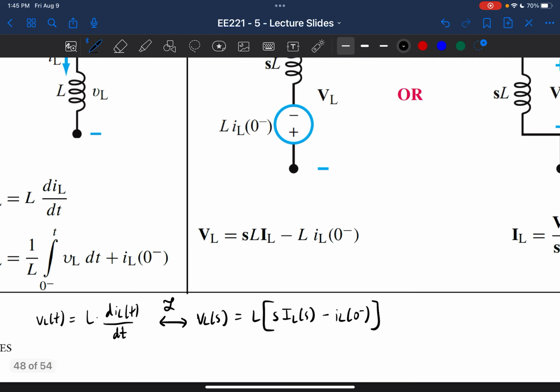And so if we multiply through here by L, we get SL IL of S minus L times IL of 0 minus. And that's exactly what we see right here.